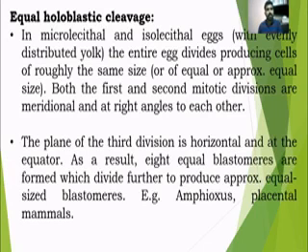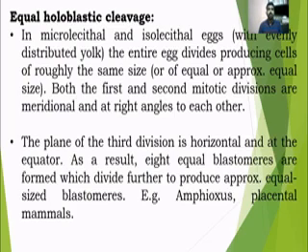So here the equal holoblastic cleavage is in microlecithal or isolecithal eggs, where the yolk is evenly distributed inside the egg. So the entire egg divides to produce cells of roughly the same size, means equal, approximately equal in size. Remember one thing, that cell is known as the blastomeres.